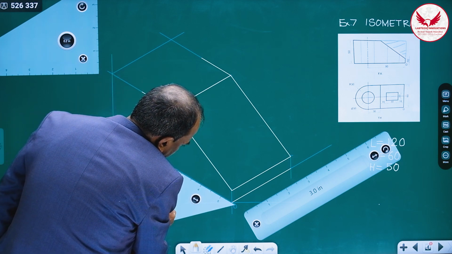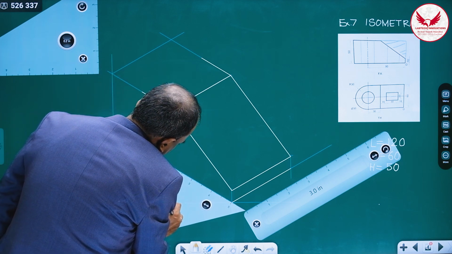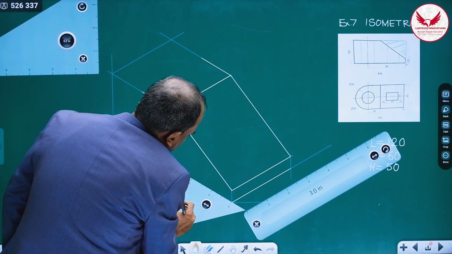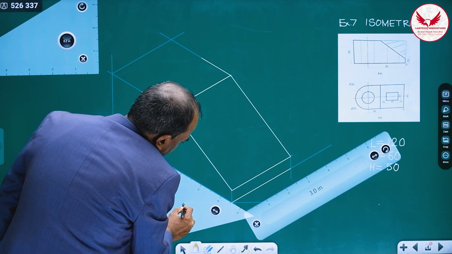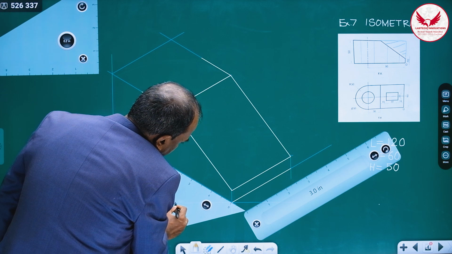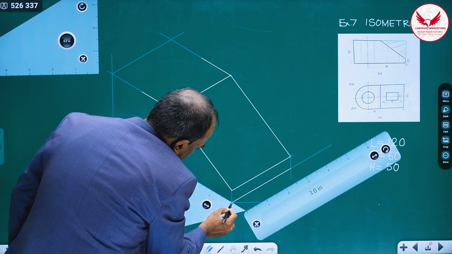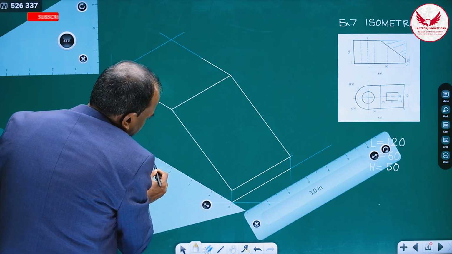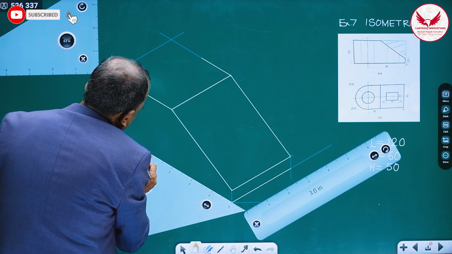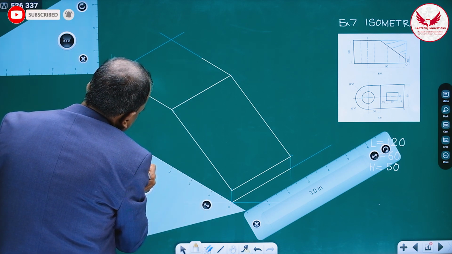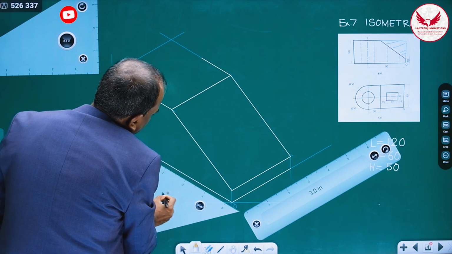And if we see it, from this, it is going to be 60 plus 30, 90, a straight line. Up to 90. This is the straight line.